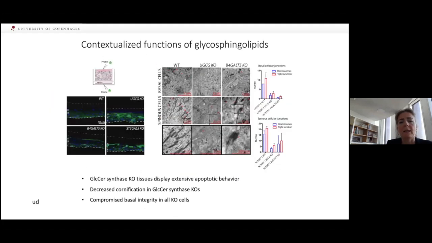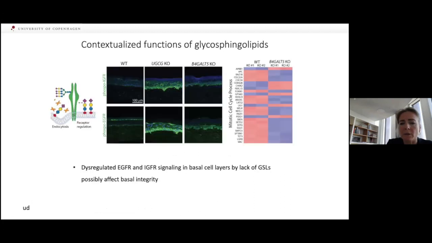So in our model, we did not see any permeability defect from the top of the skin, but adding dye from the bottom, from the basal compartment, we see a massive defect in barrier, which also fits with the EM pictures, where we see fewer desmosomes and fewer tight junctions.